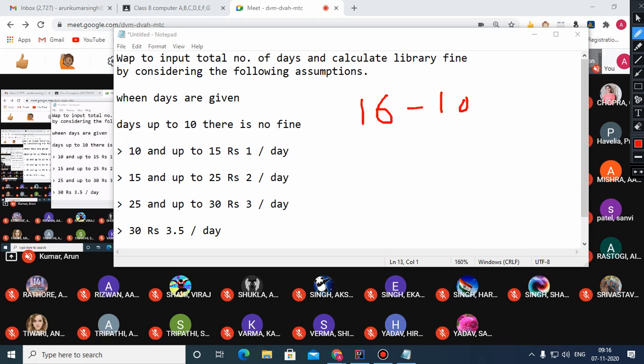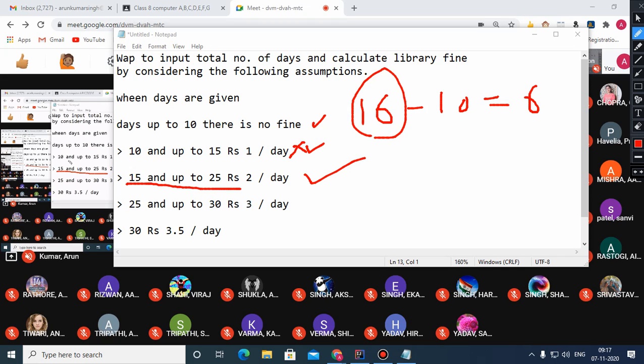Only 6 days are left. This is the very first condition you have to check. This is the second condition. If you see the days, these are 16. So this condition is false. So days are between 15 to 25. So this condition is true.